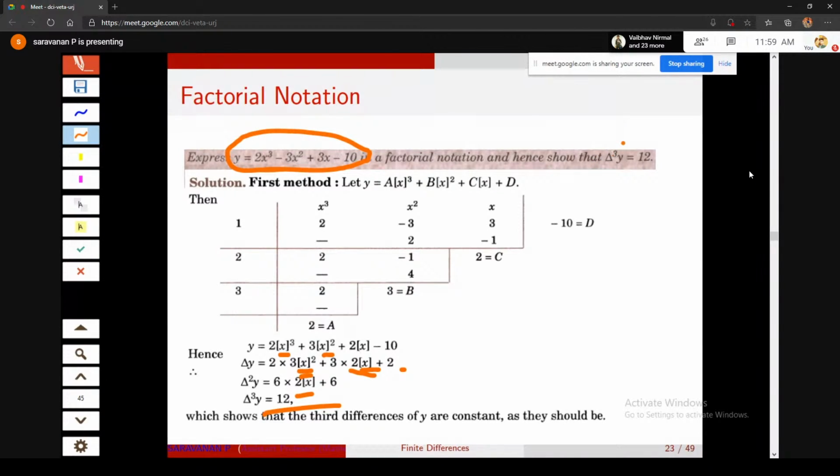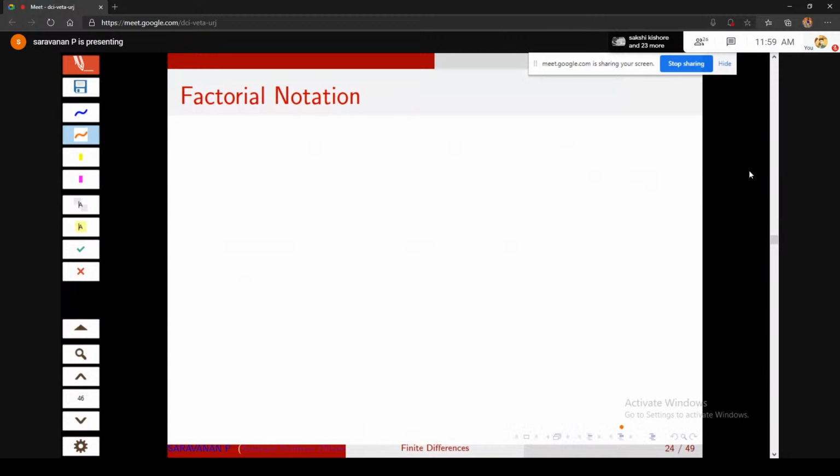So you see delta cube is constant. That is the theorem we proved earlier: if a polynomial is of degree n, delta power n is constant. And if something is constant, then all the higher powers will become 0. Which shows that the third differences of y are constant, as they should be.